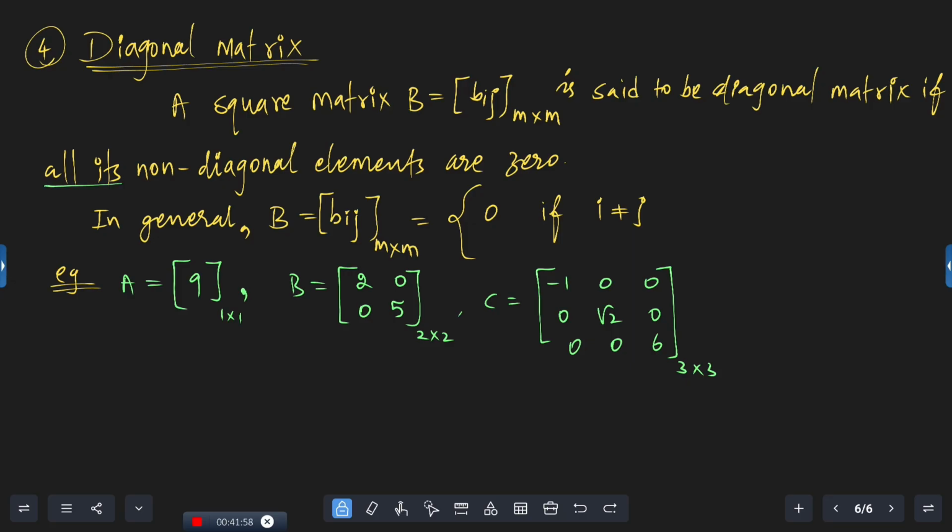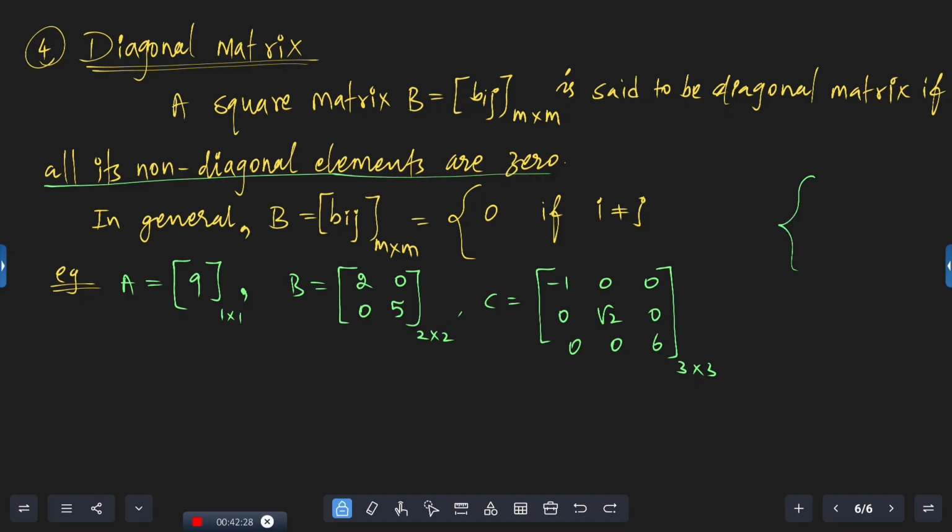All non-diagonal elements are 0. What is the meaning of that? All non-diagonal elements means when the row and column are not equal, the entry will be 0. The bracket will be open; there is no need to close it here.